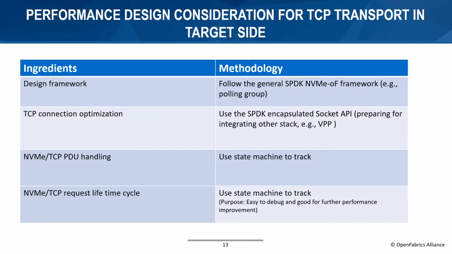It means that if you have a very efficient user-space TCP/IP implementation, you can easily plug your user-space TCP/IP socket implementation into SPDK's encapsulated socket API by just implementing all the function pointers.